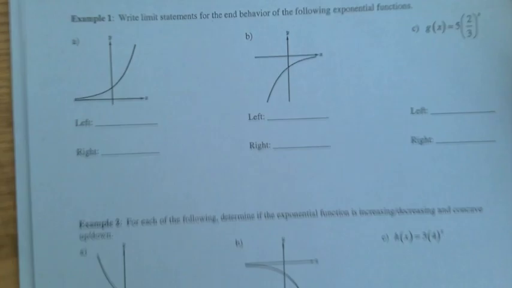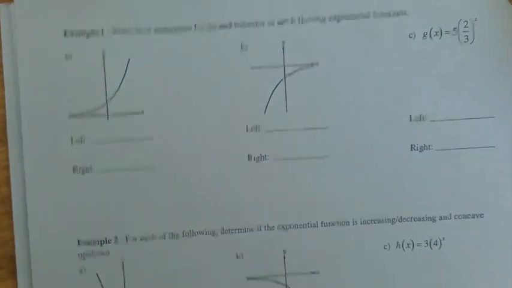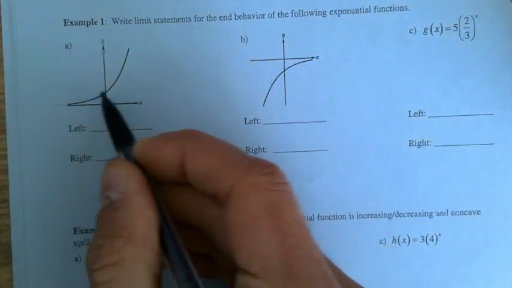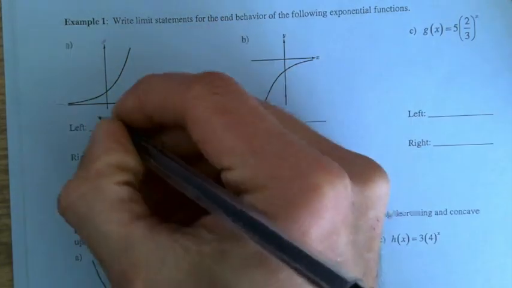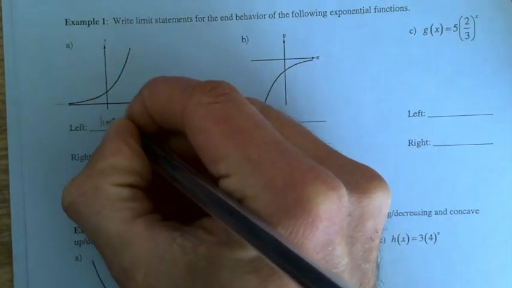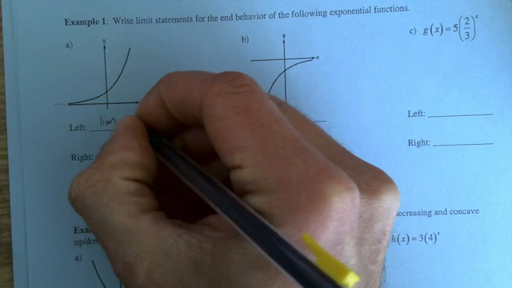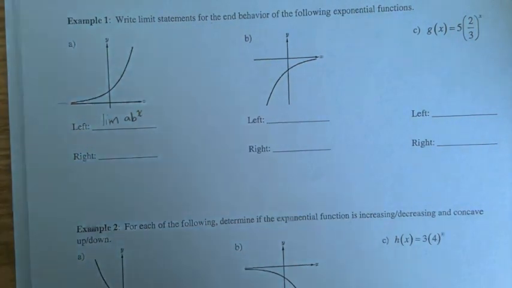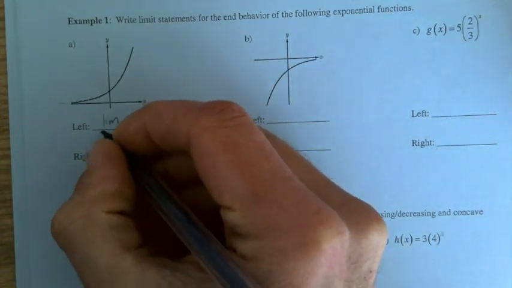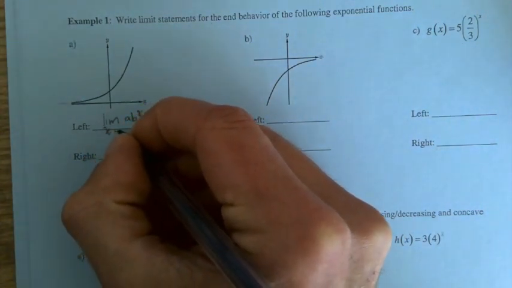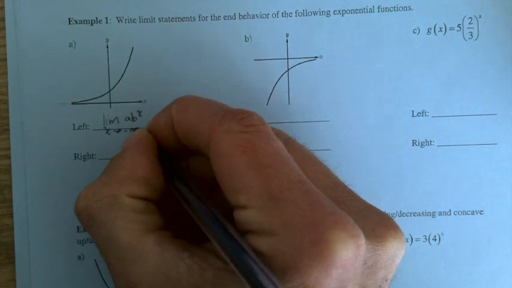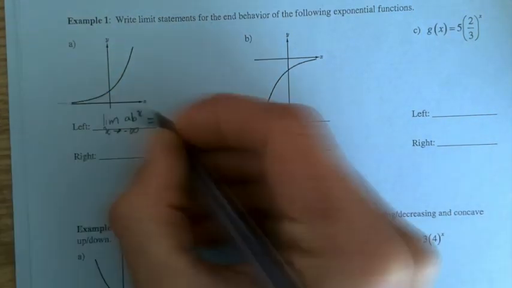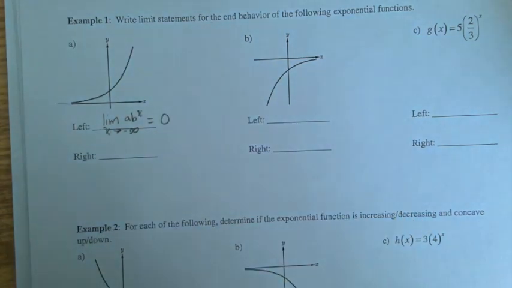So if you look right here, it asks us to write limit statements for each of these. The left side is going towards negative infinity, so the limit of a to the x power, that's just a standard exponential, as x approaches negative infinity, will be equal to, well, it's getting closer and closer to 0.